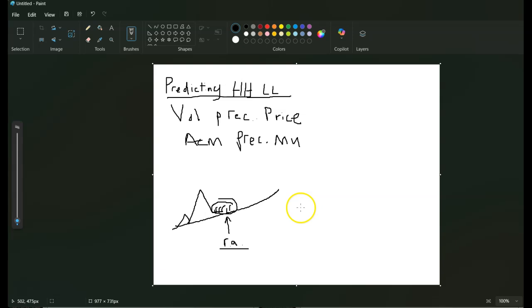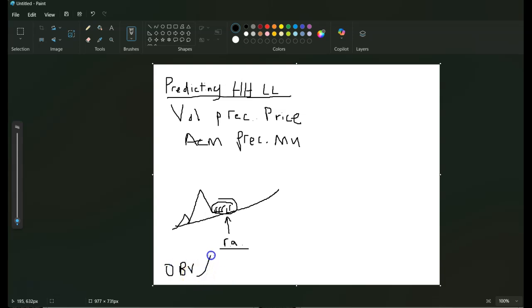Now, indicator-wise, another way of detecting it is through volume precedes price, or accumulation precedes markup. When you're watching the green bar, red bar ratio, let's say you use a simple tool like OBV.